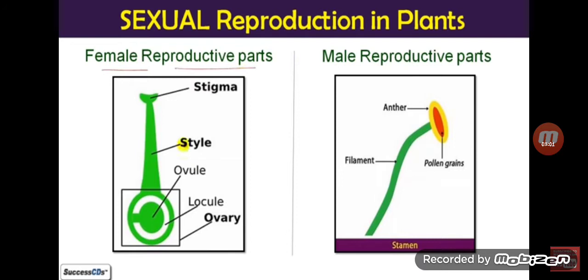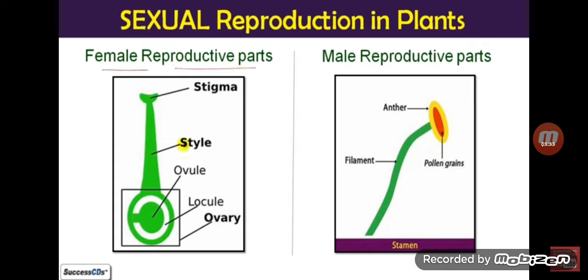Now here is the picture of the female reproductive part, the gynoecium, and the male reproductive part, the androecium. Gynoecium, the female reproductive part, consists of the ovary, style, and stigma. The ovary consists of locules, and the locules have the ovules inside.